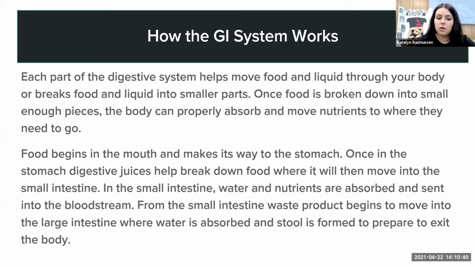Like I said before, it starts with the mouth, and once it makes its way to the stomach, the digestive juices help break down the food so it can be moved to the small intestine. In the small intestine, the water and nutrients are absorbed and sent into the bloodstream. From there, the products move to the large intestine, where water is absorbed and stool is formed and prepared to exit the body.